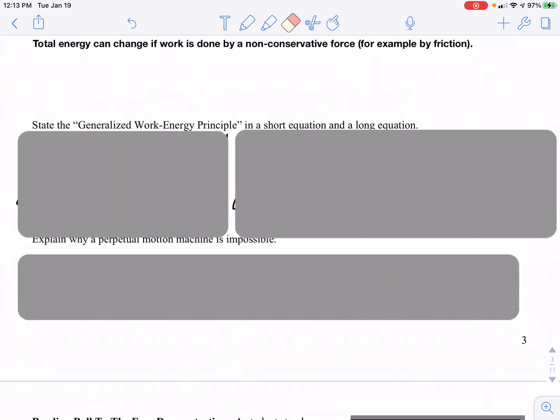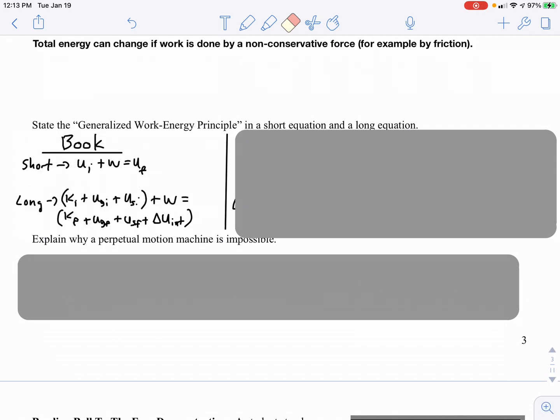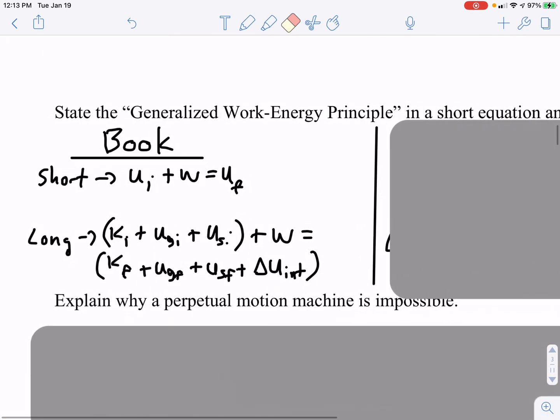State the generalized work energy principle in a short equation and in a long equation. Well, the book describes it like this. The short equation would be the initial energy plus the work equals the final energy.